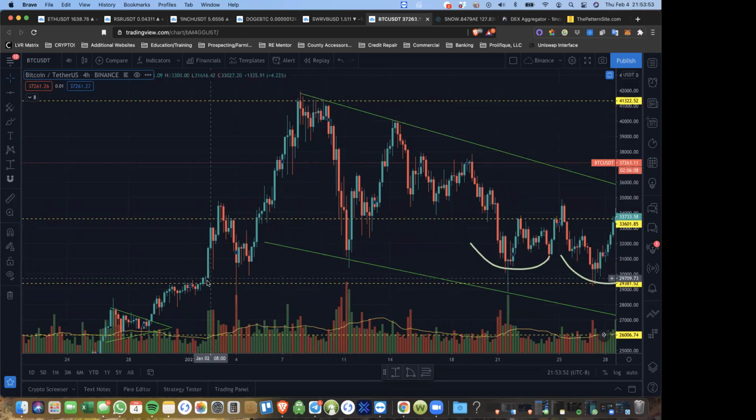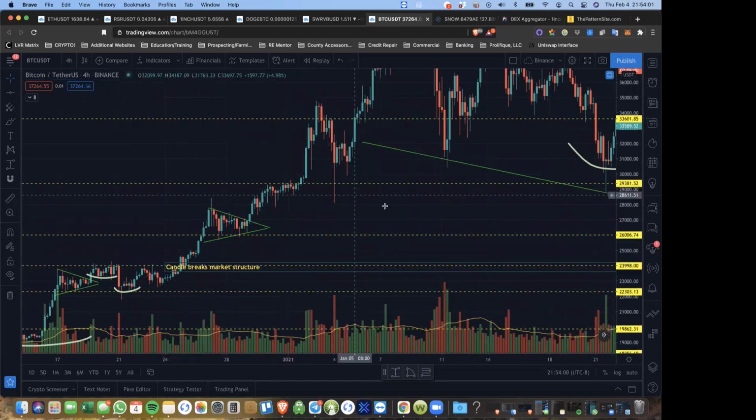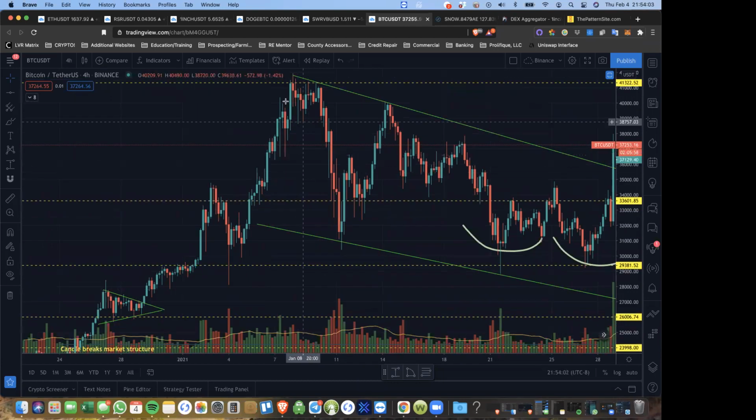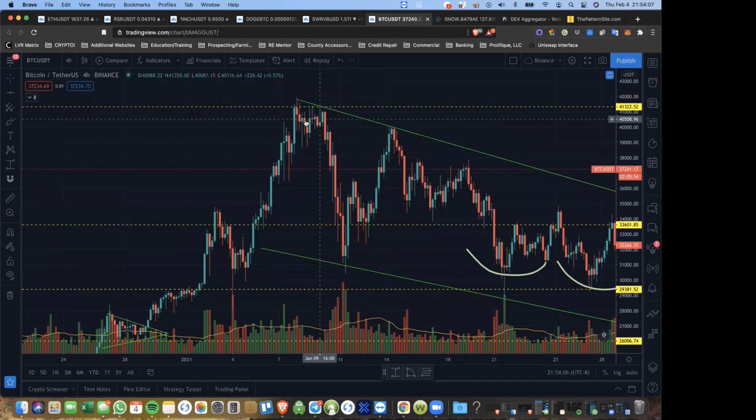That's valid. If you see this chopping around here and volume is starting to drop, and you bought down here, claim your profits. That's good, especially since we hit so high and it's around another psychological barrier of about 40,000, 41,000.